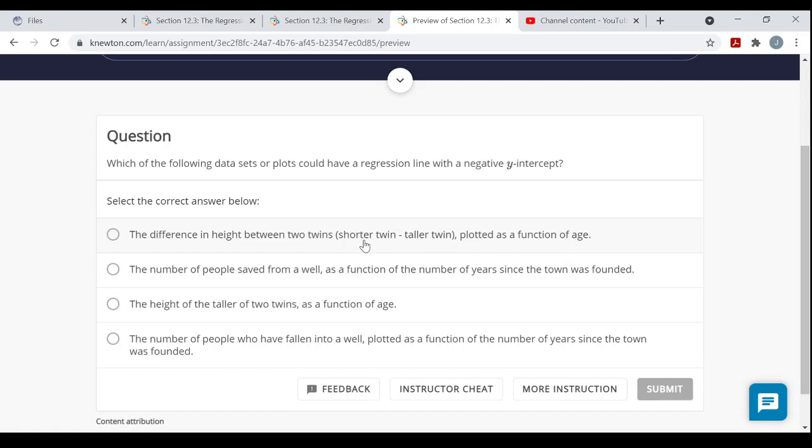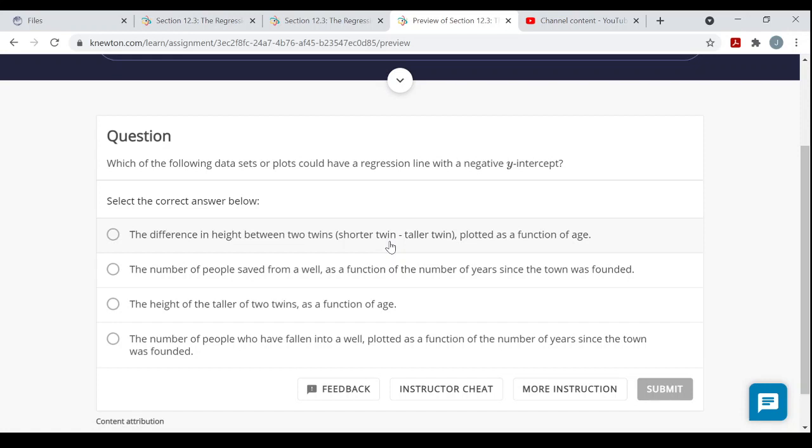Well, if you take the shorter minus the taller, that'll always be negative. If you're always taking shorter twin minus taller twin, those will always be negative. Now, as a function of age, does it really make sense to talk about the y-intercept? Age 0, they're not born yet.